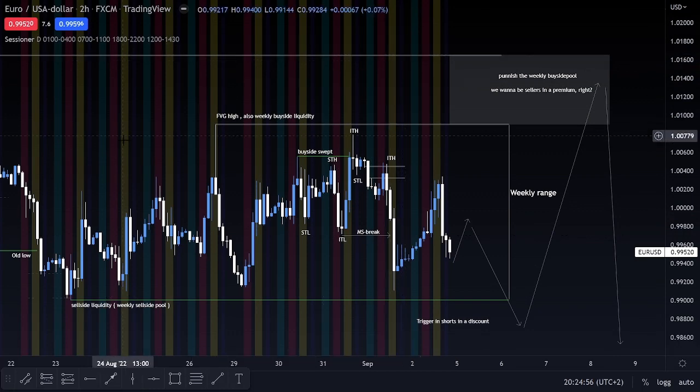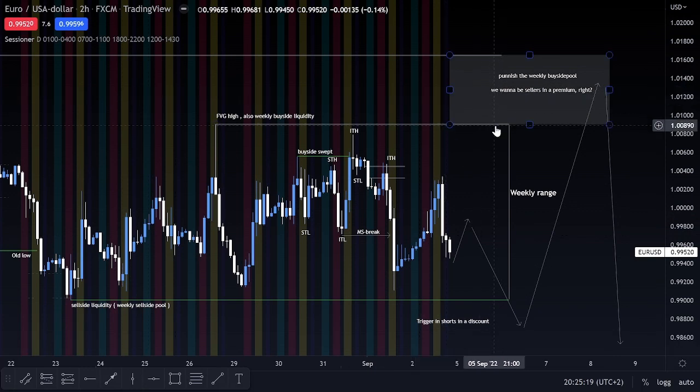So if price is trading inside this large range and wants to continue lower on the high time frames, shouldn't we trigger the shorts prior to going lower? And what do I mean by that? Well, I see this as a large range.